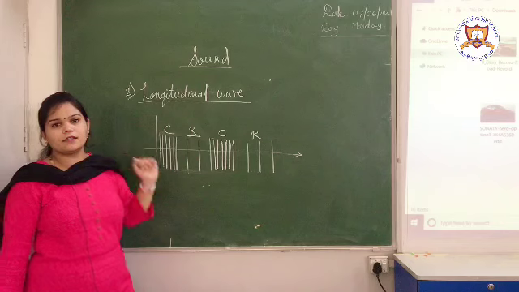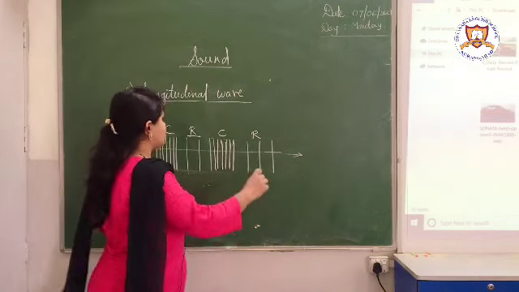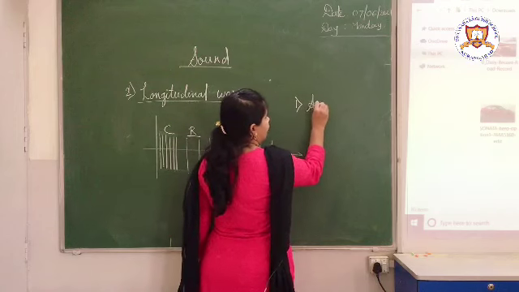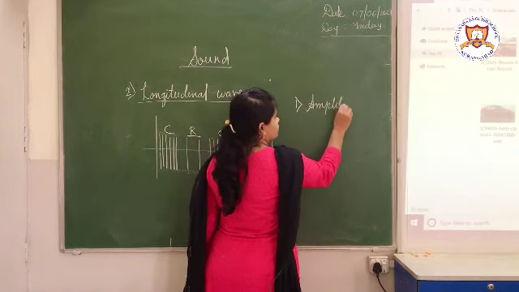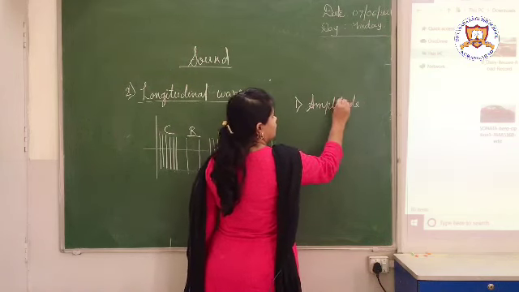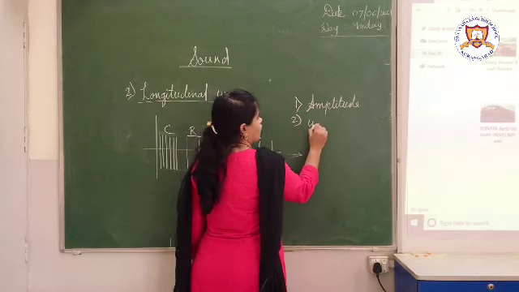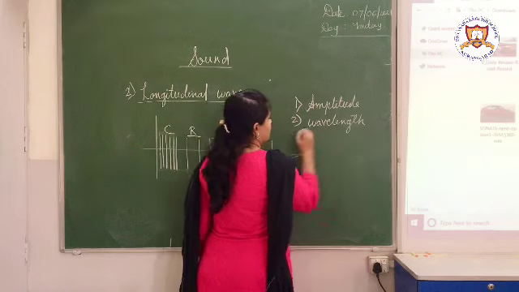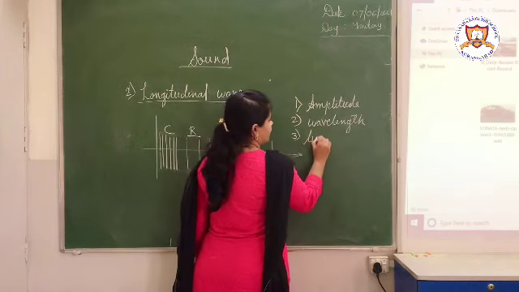Again, the characteristics of this wave. One by one we will see the characteristics. First is amplitude. Second characteristic is wavelength. Third is time period.